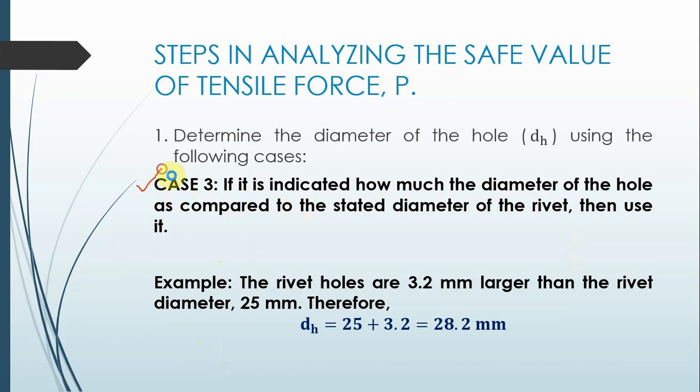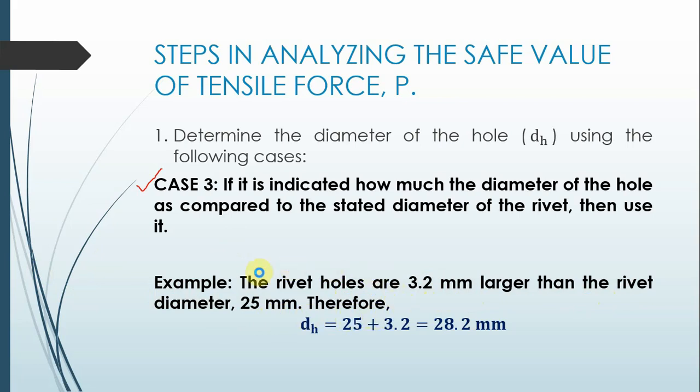So, this is case 3. If it is indicated how much the diameter of the hole is compared to the stated diameter of the rivet, then we can use it directly. Meaning, if the problem says it is 1 millimeter larger than the rivet diameter, that is the condition we follow. For example, the rivet holes are 3.2 millimeters larger than the rivet diameter, which is 25 millimeters.